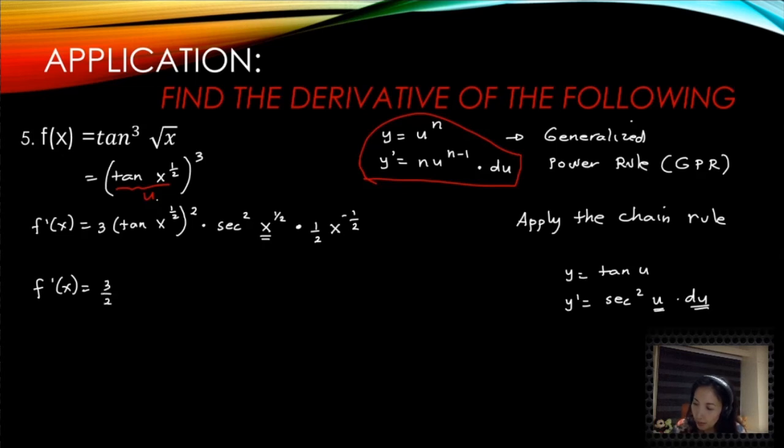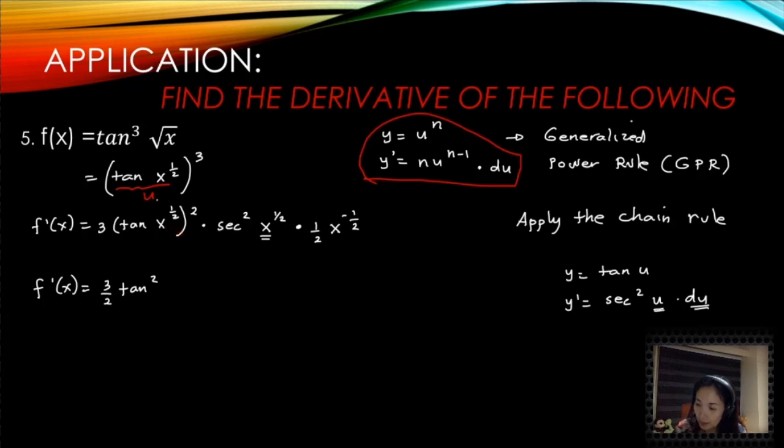Now instead of writing the exponent outside the grouping, I could write it here: tan squared. And instead of x raised to 1/2, I could write the square root of x.